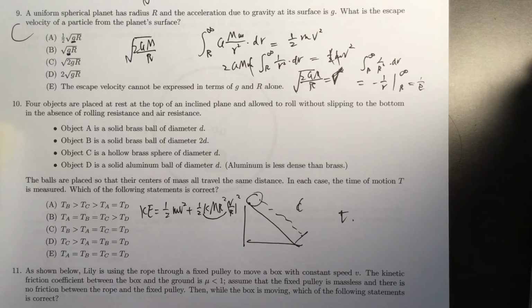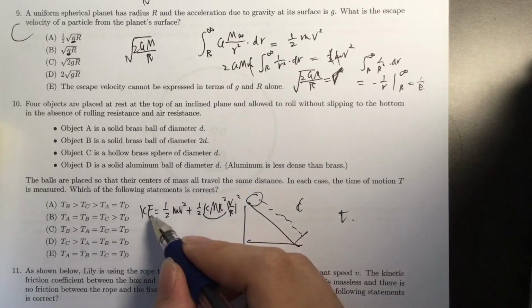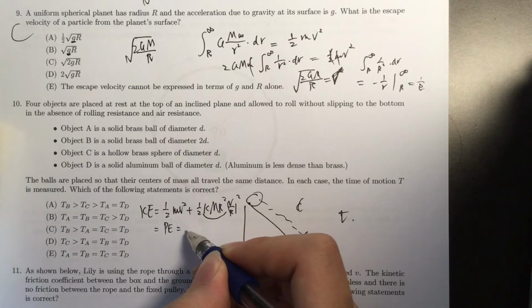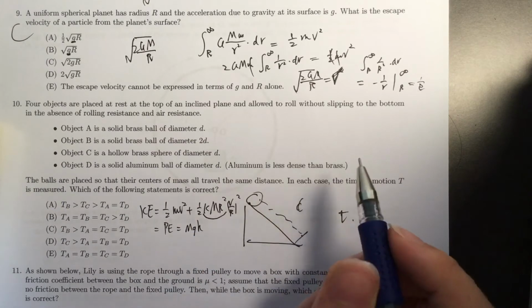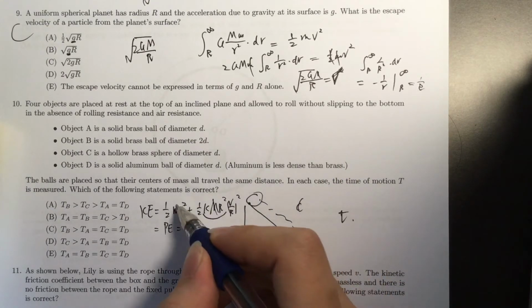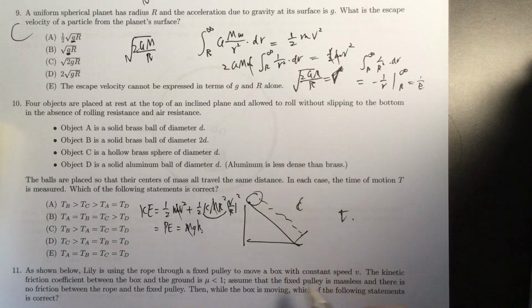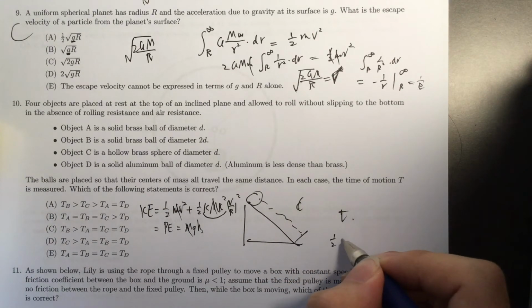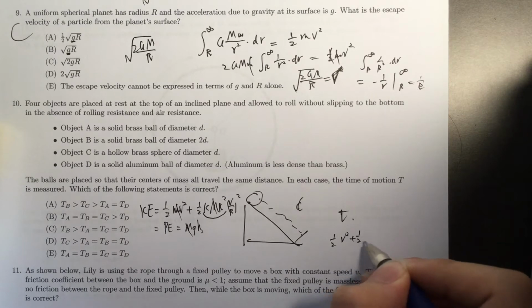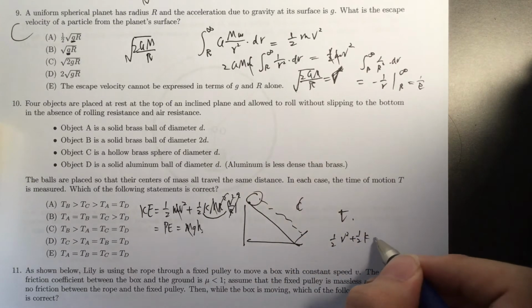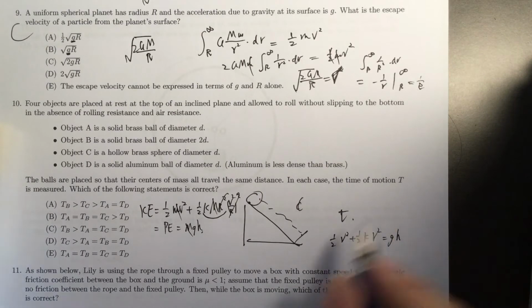Then we know this kinetic energy is equal to the potential energy, which is mgh. So m all cancels out, and all we are left with is gh. So 1/2 v squared plus 1/2 k r squared, and r squared cancels out. So we have 1/2 k v squared equal to gh.